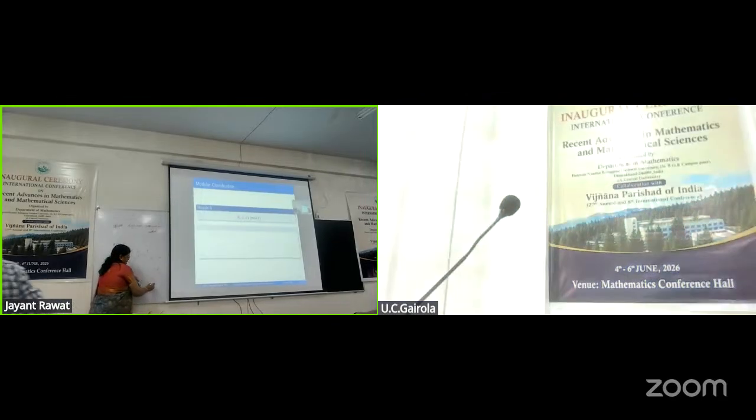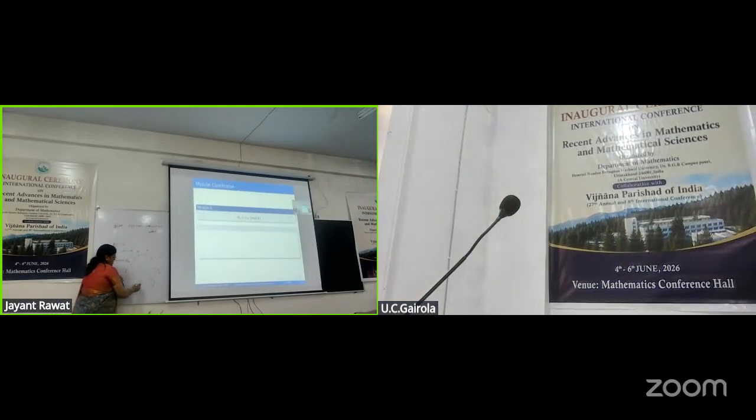Then we have 11, 1 plus 1 is 2. Then we have 12, 13, 14, 15, 16, 17, 18, 19. 19 is again 9 plus 1 is 10, which is again 1 plus 0. So you can see all the numbers are roaming around this circle. This is known as the magic circle of numbers.